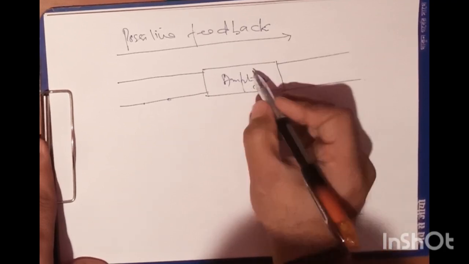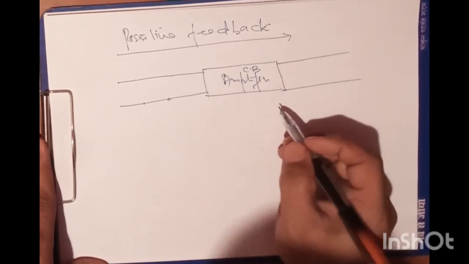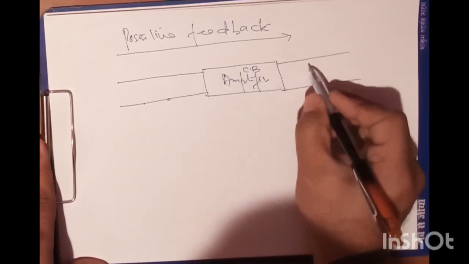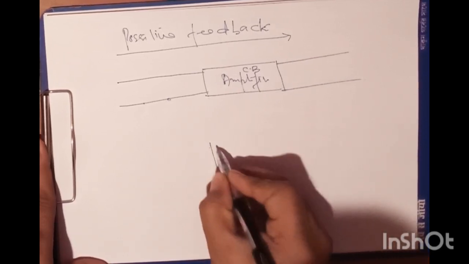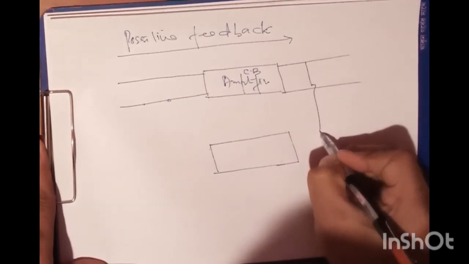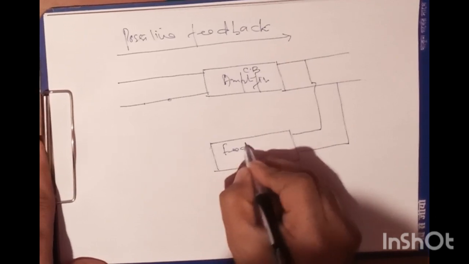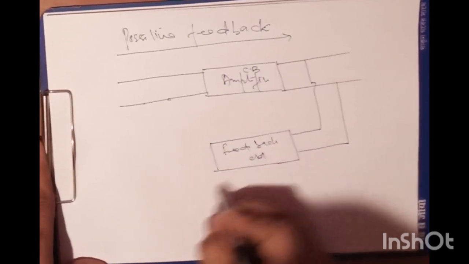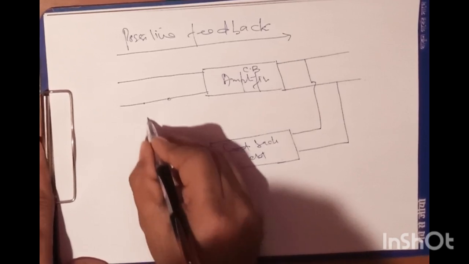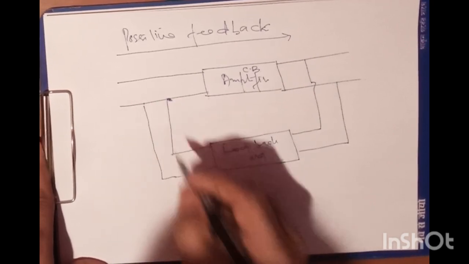If we assume that we are using a common base transistor configuration amplifier, we will have the output here, and then what we do is we give back a part of the output to the feedback circuit, and then the output of this feedback circuit is given back to the input of the amplifier.